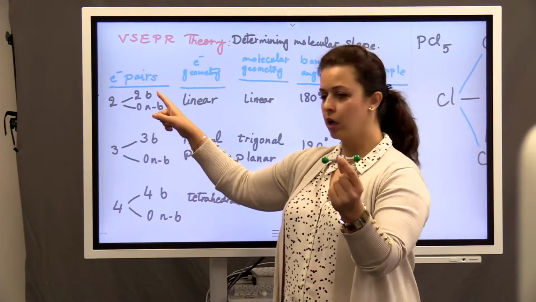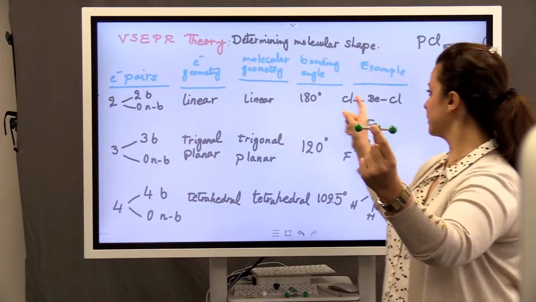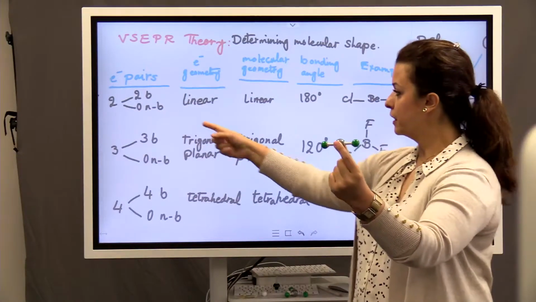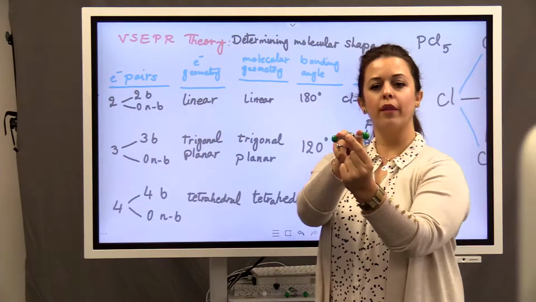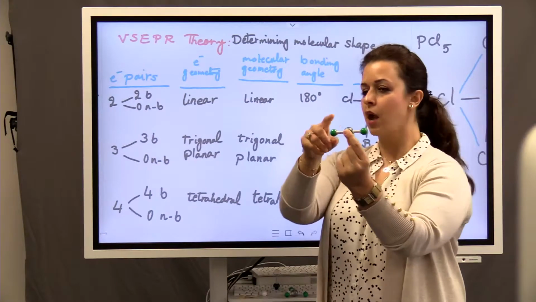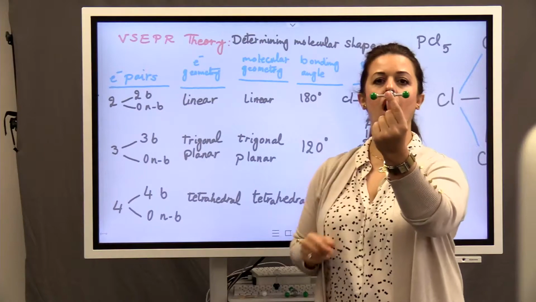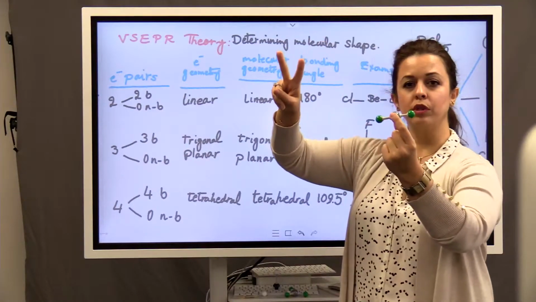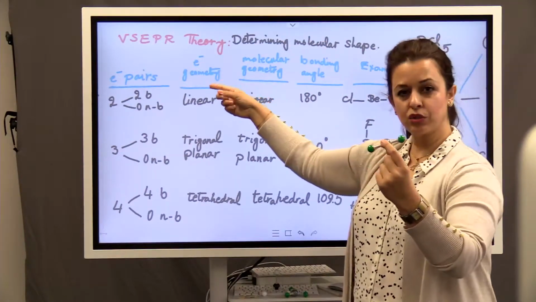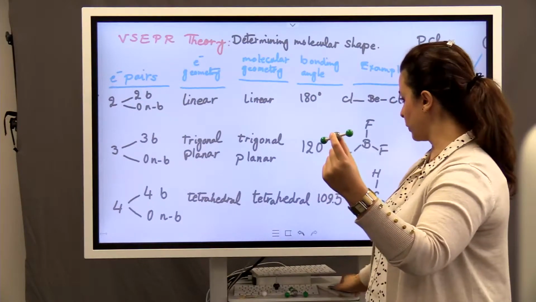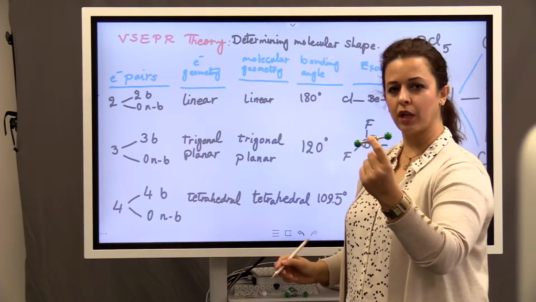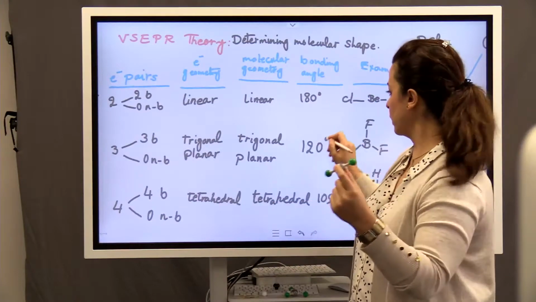So one more time. In a molecule like BeCl2, beryllium chloride, there are 2 bonding electron pairs, you see the bonds, and no non-bonding, okay? So what do you see? You see a line, right? But you need to be able to determine 2 things: electron geometry and molecular geometry. So what is the difference between electron geometry and molecular geometry?